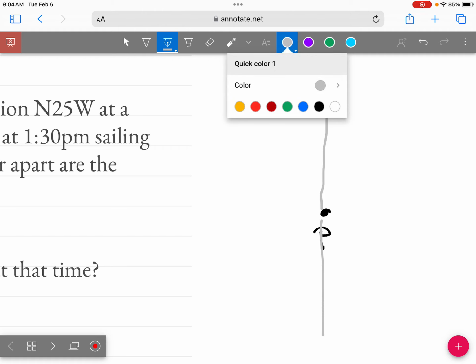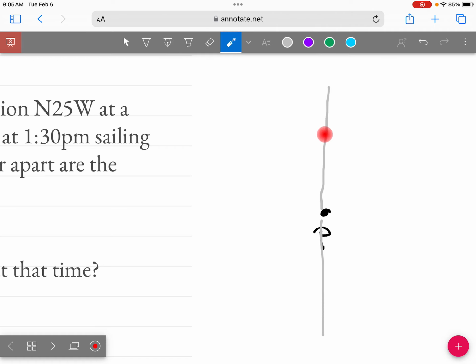I know that boat 1, my first boat, is going north 25 west. So it's going north and west this way at an angle of 25 degrees. That's what it means for it to be going north 25 west. It's headed this direction.